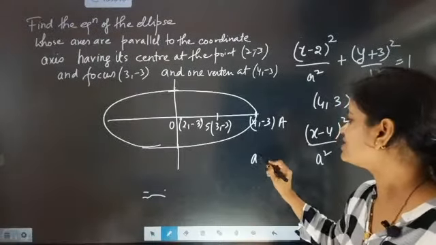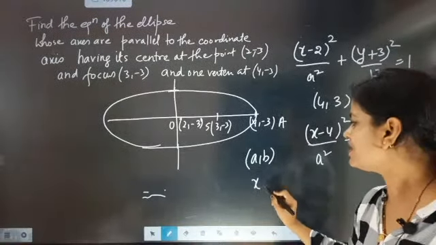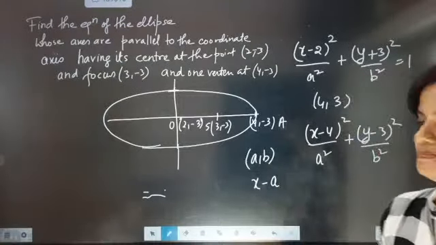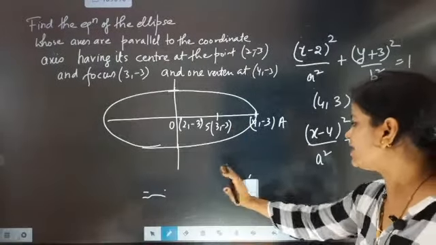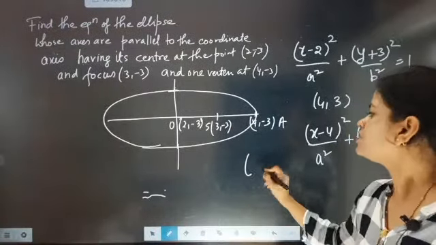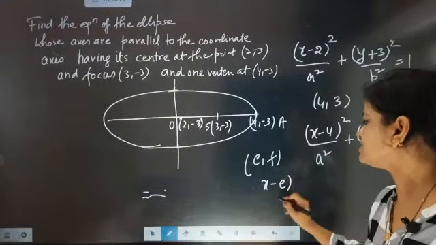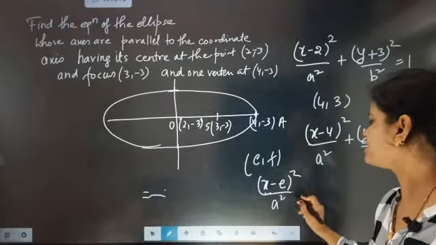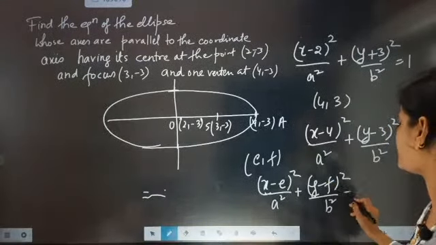If the center is given as (e, f), I can't use a and b because they are in the denominator, so the equation becomes (x minus e) whole square by a square plus (y minus f) whole square by b square equal to 1.